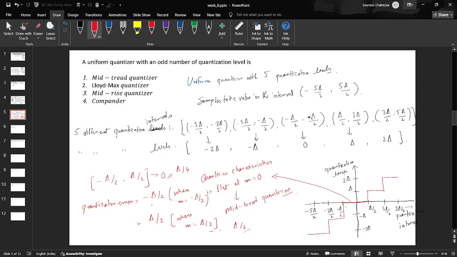But imagine the scenario when the actual message value is minus delta over 2. In that case, it will add up, and your quantization error absolute value is going to be 3 delta over 4, which is greater than delta over 2. So when you choose the midpoint, you limit the absolute value of quantization error to its minimum. The more you deviate in either direction, left or right, the quantization error at the other extreme increases. That is the reason you go for the midpoint.